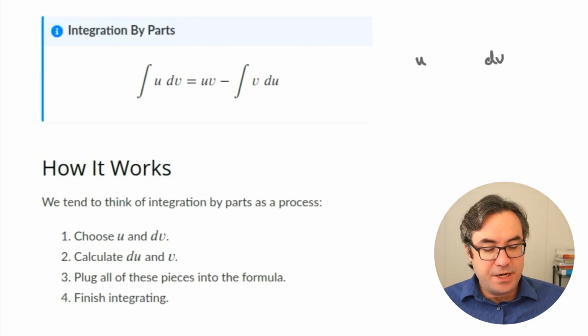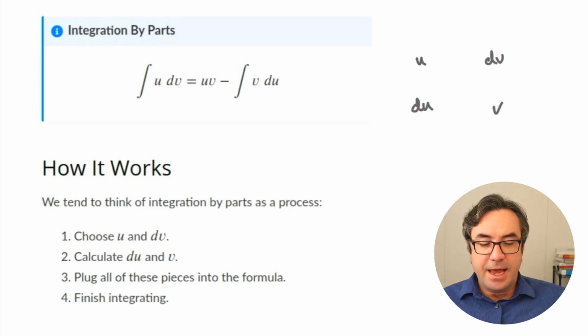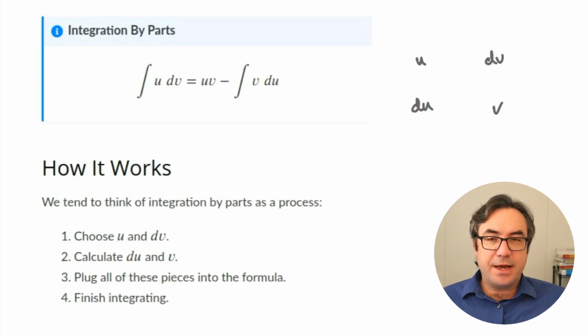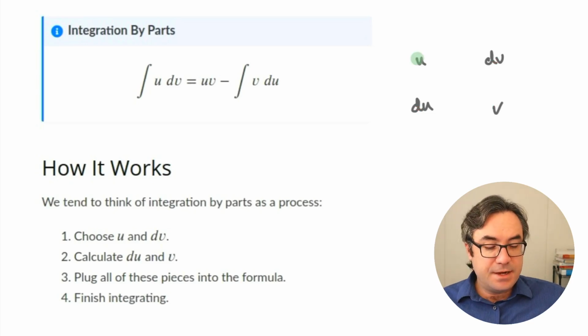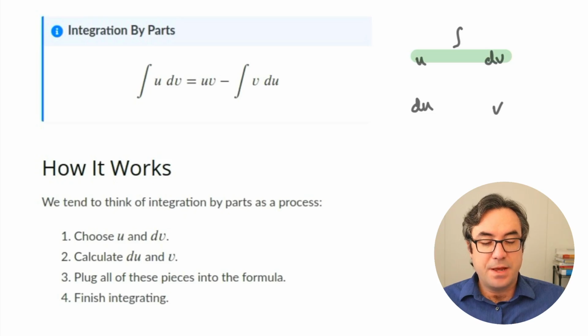So we got u, dv, and then du and v. So these were the first two steps. We get all the different pieces of our function here. And if we multiply these terms along the top and integrate, put the integral sign above it, that gives us this piece here.